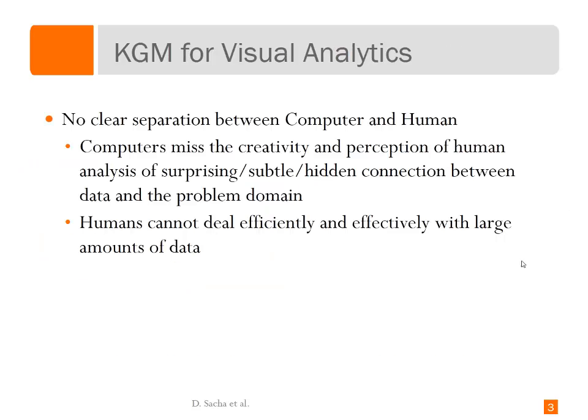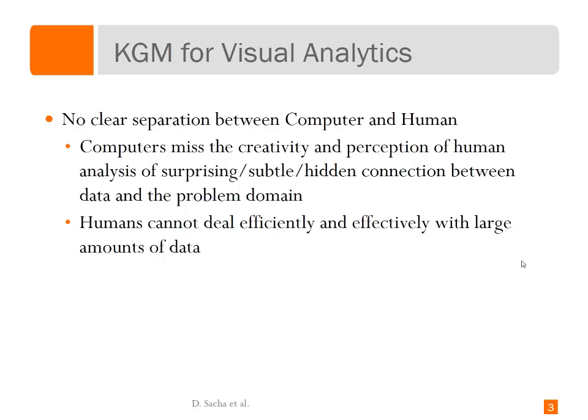And so we'll begin to talk about each one of these loops and aspects of the knowledge generation model. The knowledge generation model for visual analytics has no clear separation between the computer and the human. The idea is that computers often miss the creativity and perception of human analysis, the ability of humans to find surprising, subtle, or hidden connections between data and the problem domain.